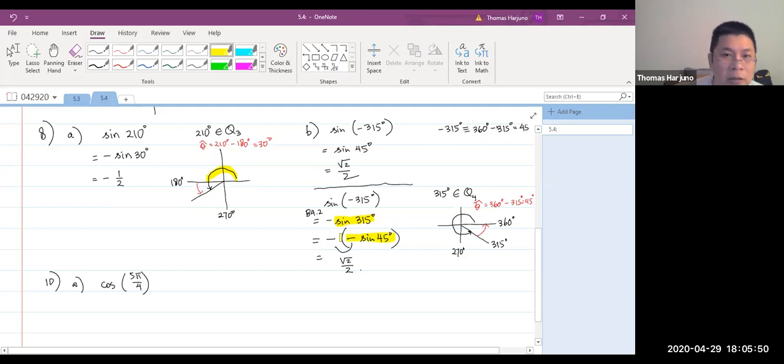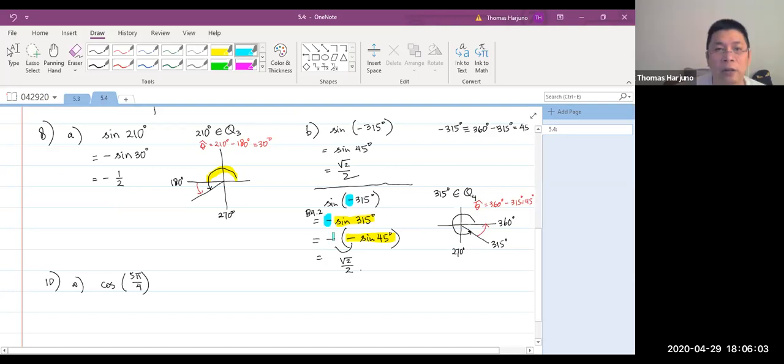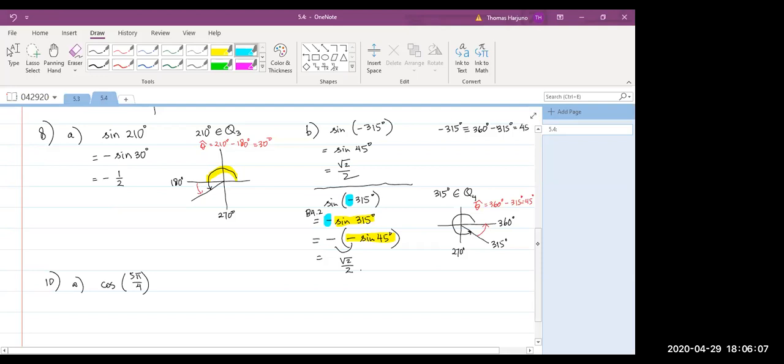But for sine negative 315, I bring the negative out first. So you see that there are two negatives that cancel here. Oh, I see that. Thank you.